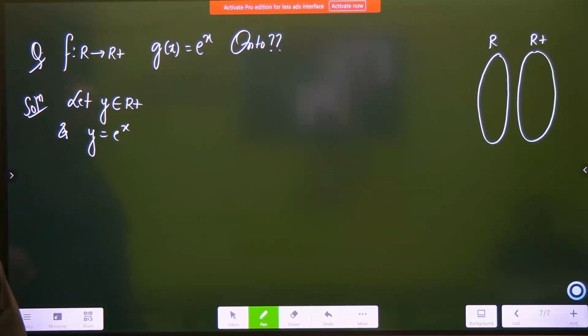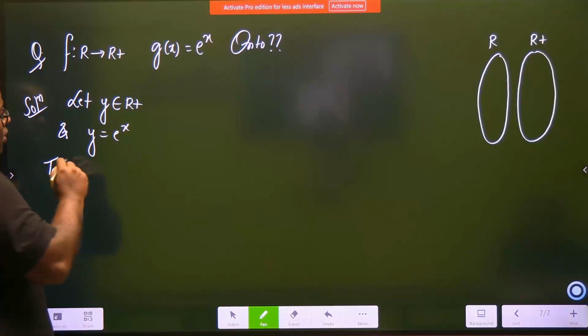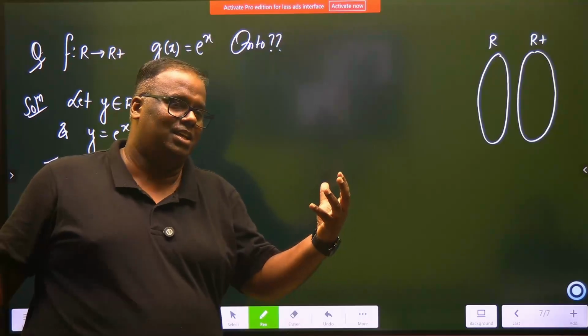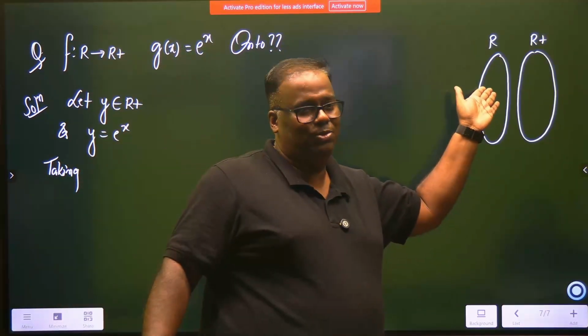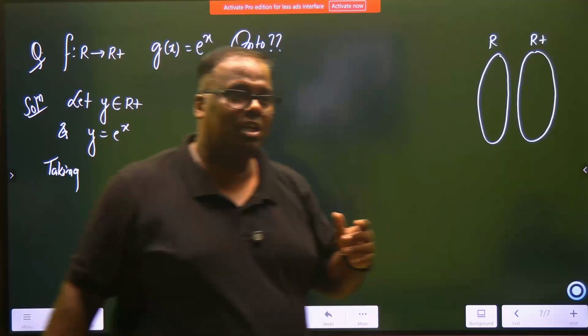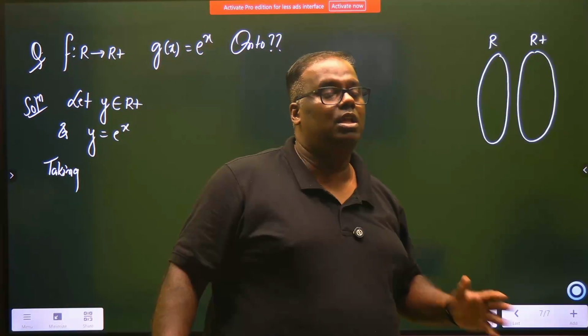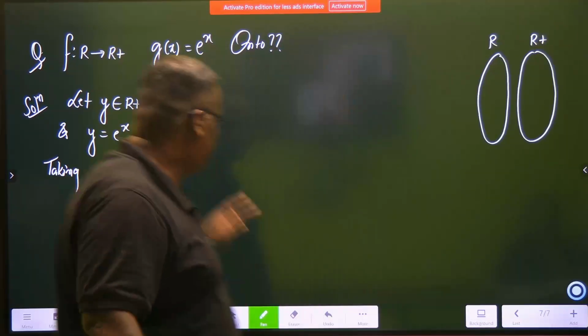Now, what is our job? We have to create an expression for x, such that it should allow it a legal entry into the domain. That means you should create an x where you should be able to say that x is a real number, right? So let's see.